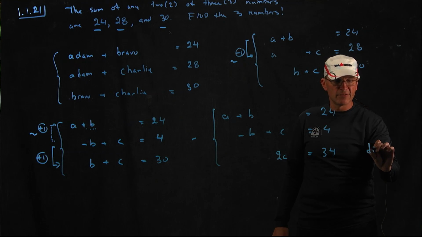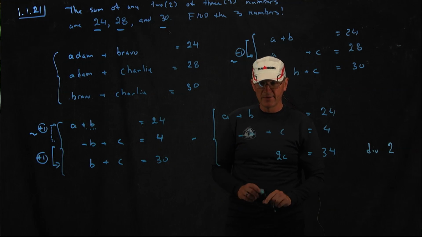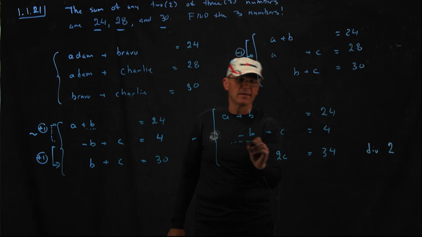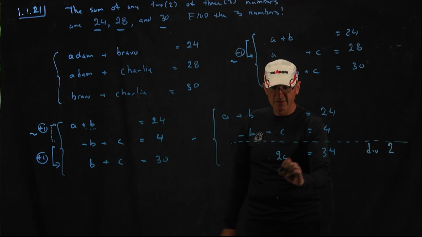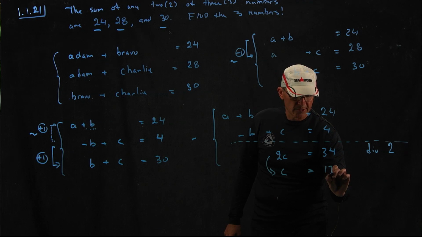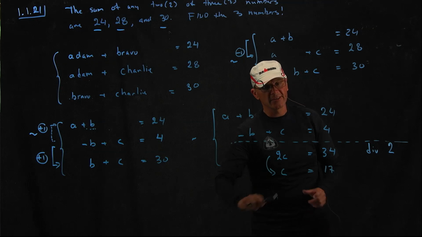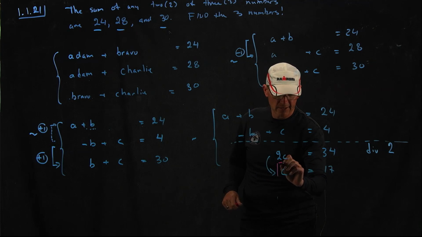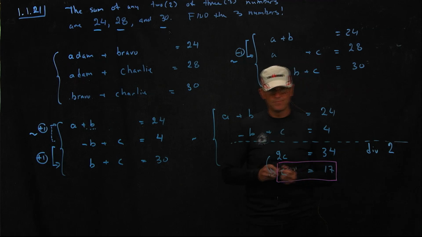Well, I'm going to divide this by 2, and I'm starting to feel lazy. So this just turns into c equals 17. So that is then part of our solution, right? So c takes the value 17.